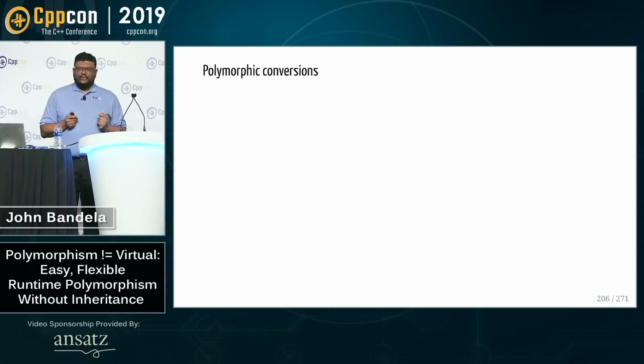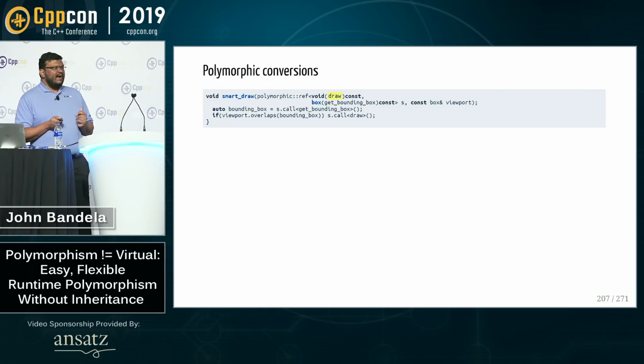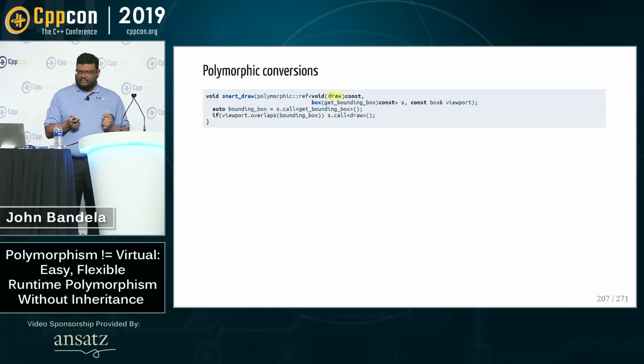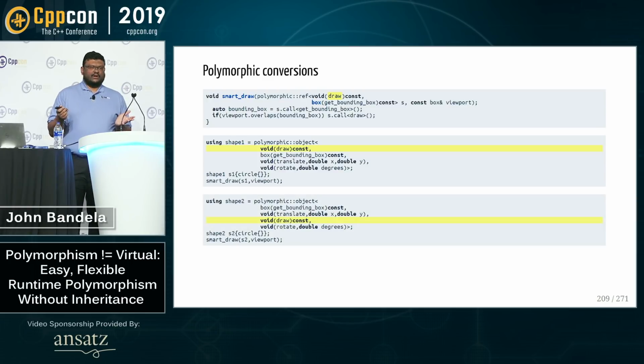So how do we do conversions? So for example, smart draw takes a polymorphic ref, right? And the ref has draw and get bounding box. In shape, well, I put draw and bounding box at the top. So this is kind of analogous to upcasting with inherited types, right? Well, this also works. I can move draw all the way down.